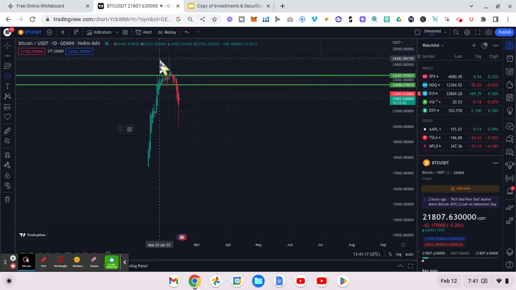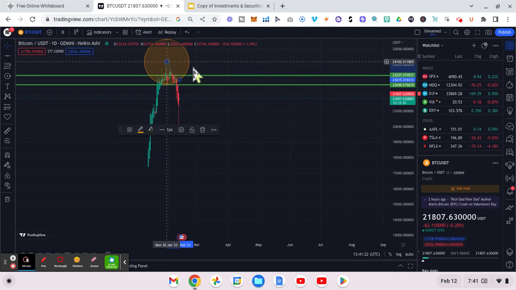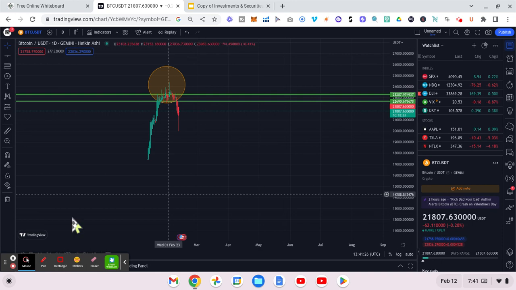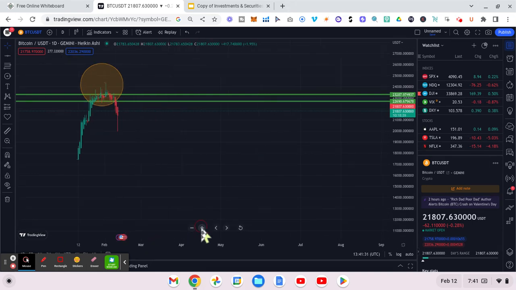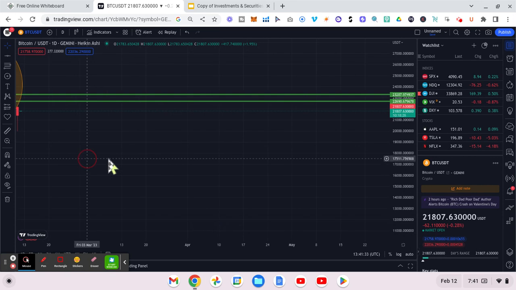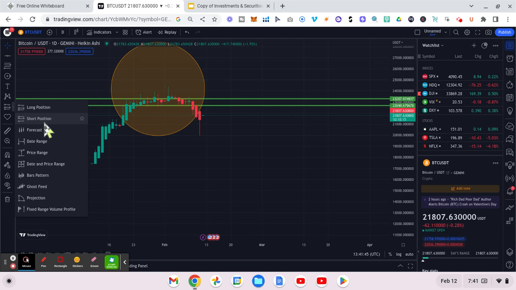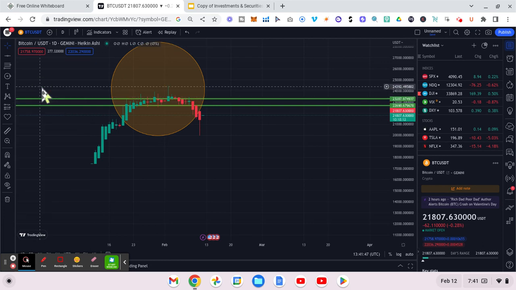So when we look at how price moved within this area, we've seen that price came up, right? Nice move up, very, very nice move up. And actually what we can do is, we'll do that later. But we've seen price went up.